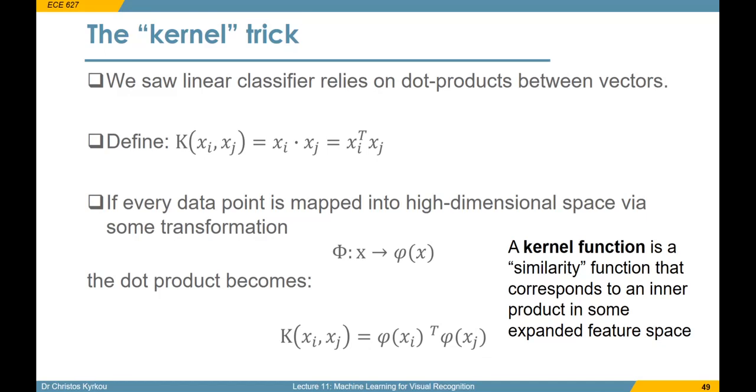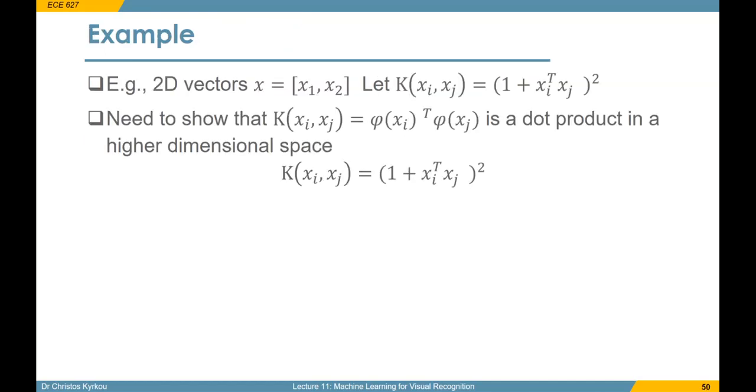So as an example, look at this function. We have a kernel that we define as, this is basically what is called a quadratic kernel. So we have a dot product of the two points, we add 1, and we square this value. And this is our kernel.